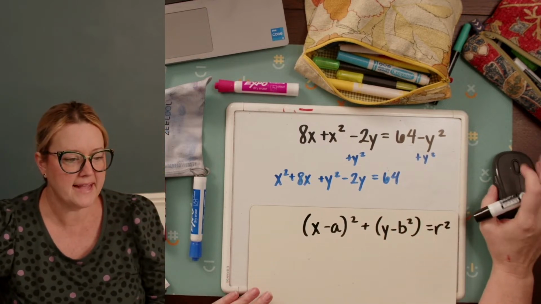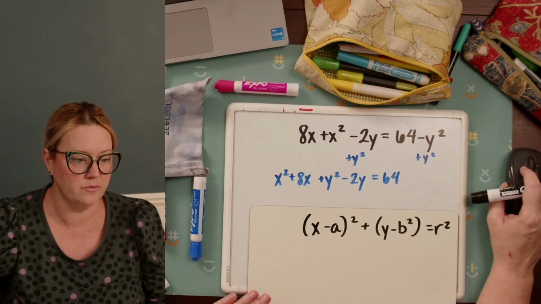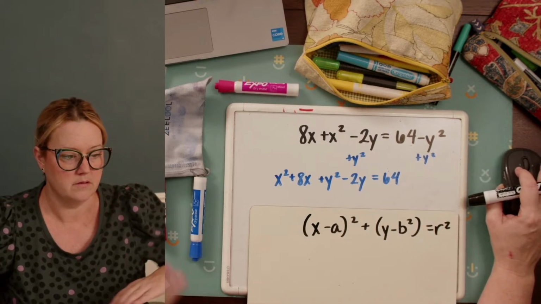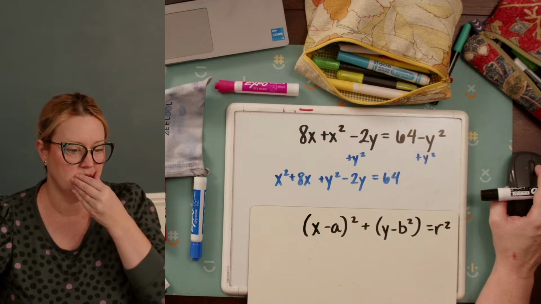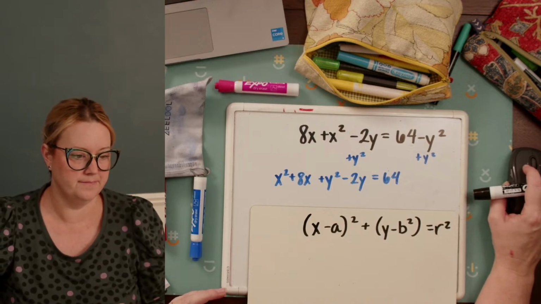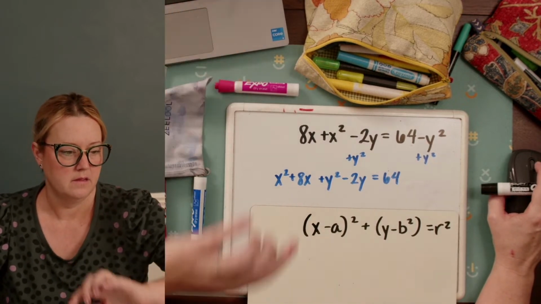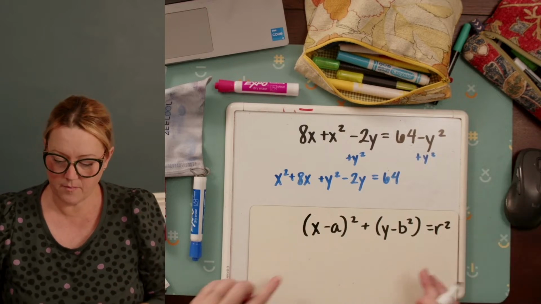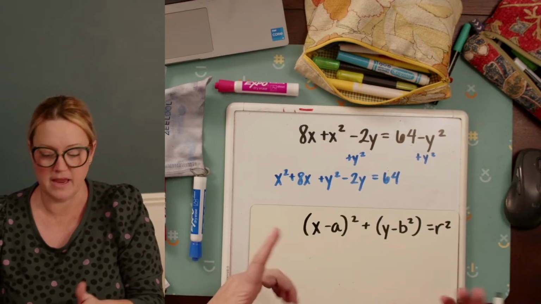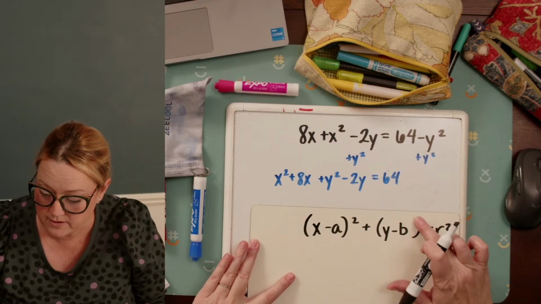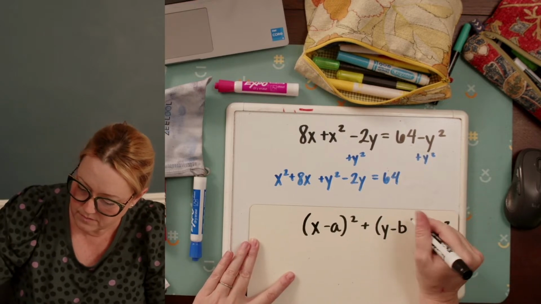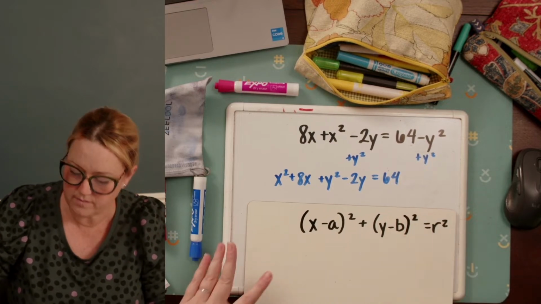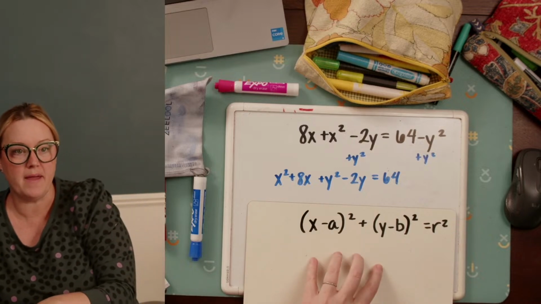That's eventually what I want to get to. Or h and k, whatever. A and b, h. Oh, this squared should be outside of the parentheses. Sorry. Squared there. Okay. So eventually, I want to get back here.